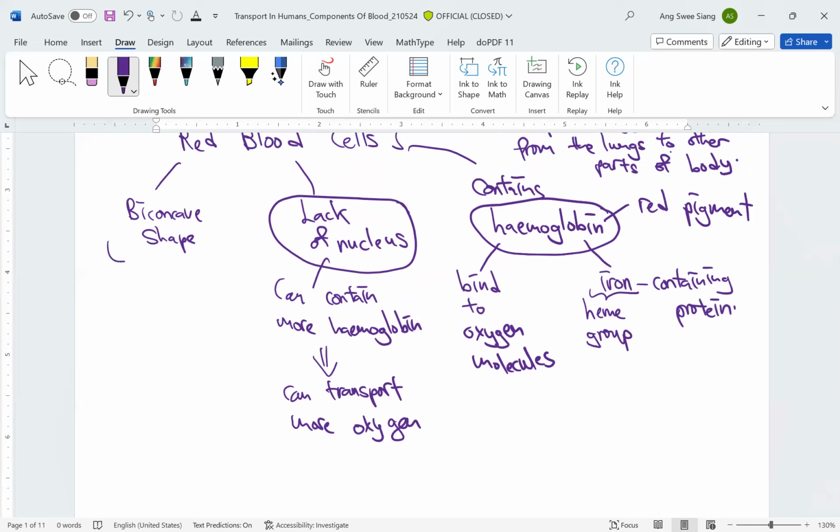Then what is so important about the biconcave shape? Very good. So this one is to increase the surface area to volume ratio of the red blood cells.